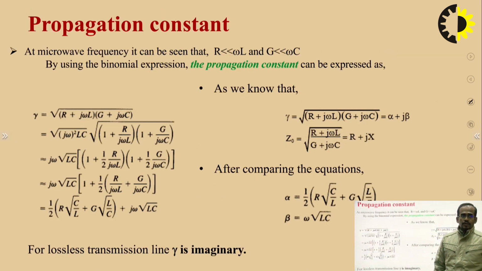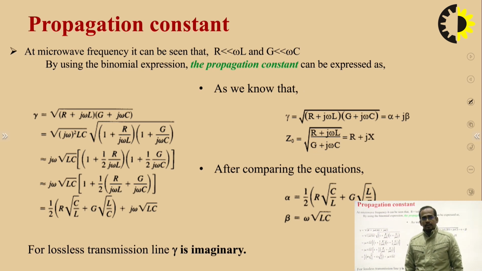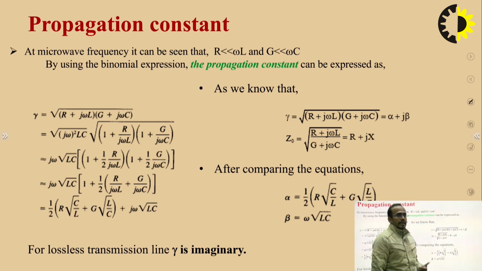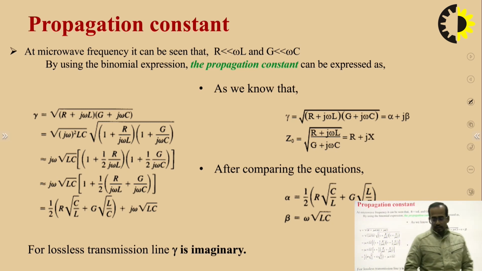This is the calculation of the propagation constant for R less than omega L and G less than omega C. You can see here we can neglect some terms.